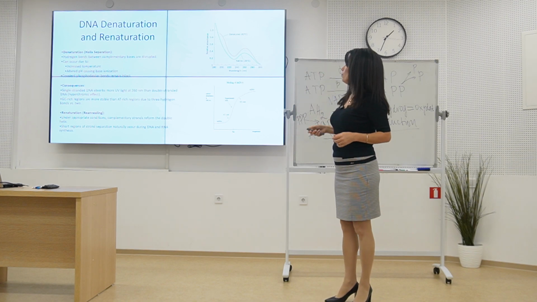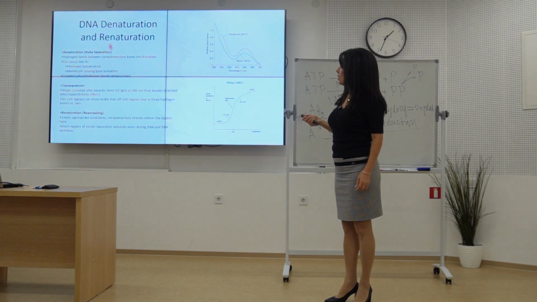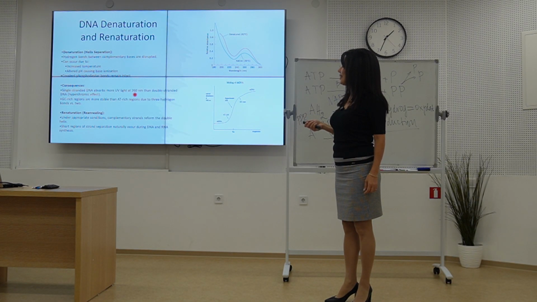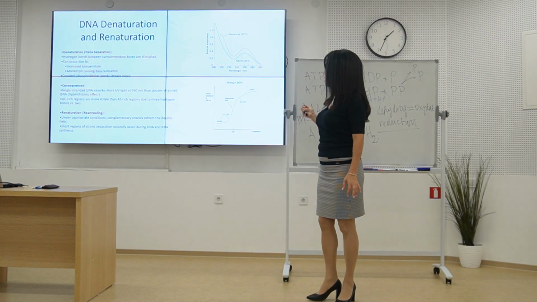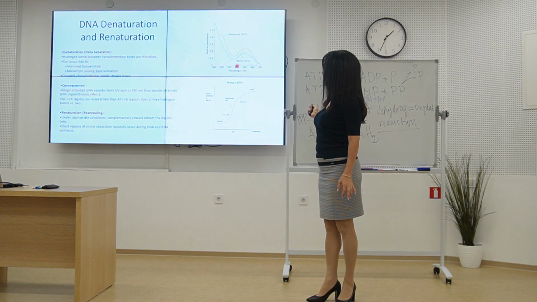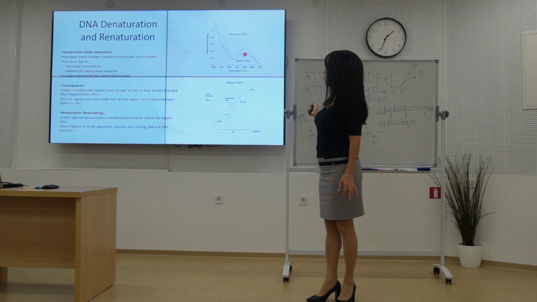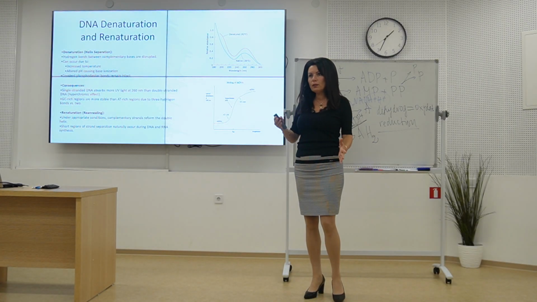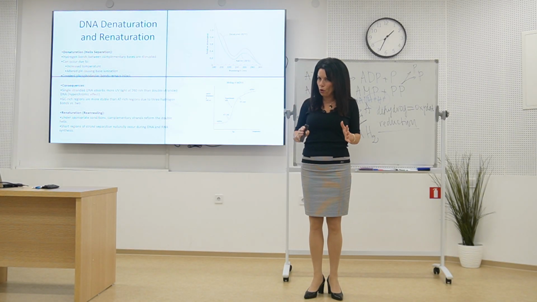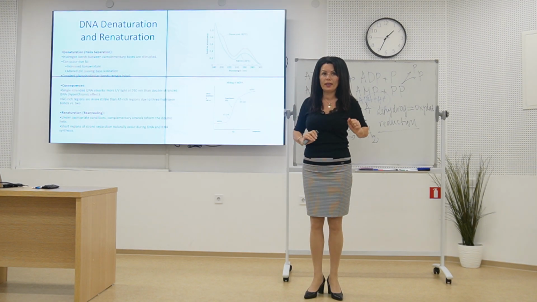And what is this hyperchromic effect? Single-stranded DNA absorbs more UV light at 260 nanometers than double-stranded DNA. Which means if there is an increase in the absorption of UV light at 260 nanometers, this means that at this moment there is increasing denaturation of DNA.